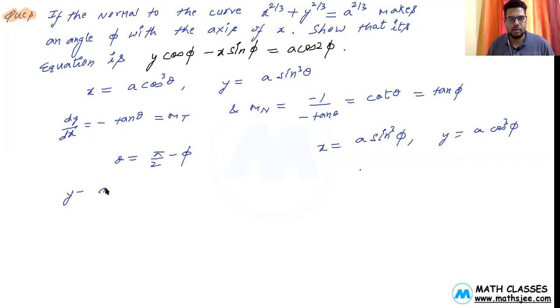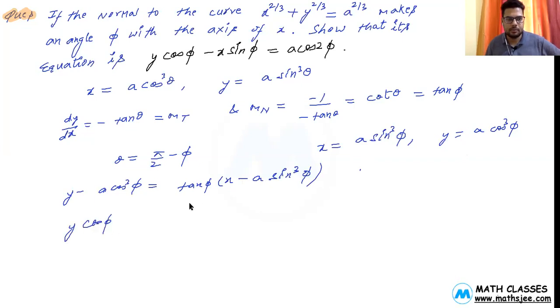So y minus y1 equals slope times x minus x1, that is a sin cube phi. Now what we can do is, see, sin phi by cos phi, you can multiply to get this. This is y cos phi, and here it will be minus a cos raised to the power 4 phi.